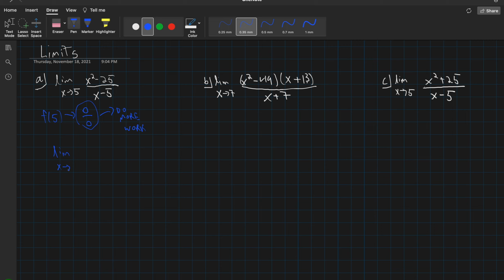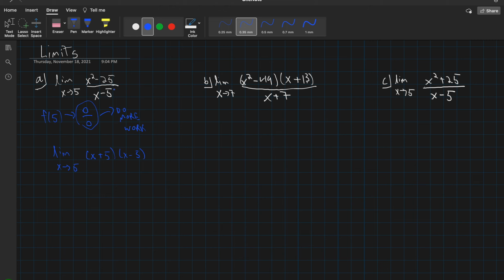So the limit as x approaches 5 of x squared minus 25. This can be rewritten as x plus 5, x minus 5. Whenever you factor, it's good to get in a habit of multiplying through again and making sure you get back what you started with. So x times x is x squared plus 5x minus 5x, and then minus 25.